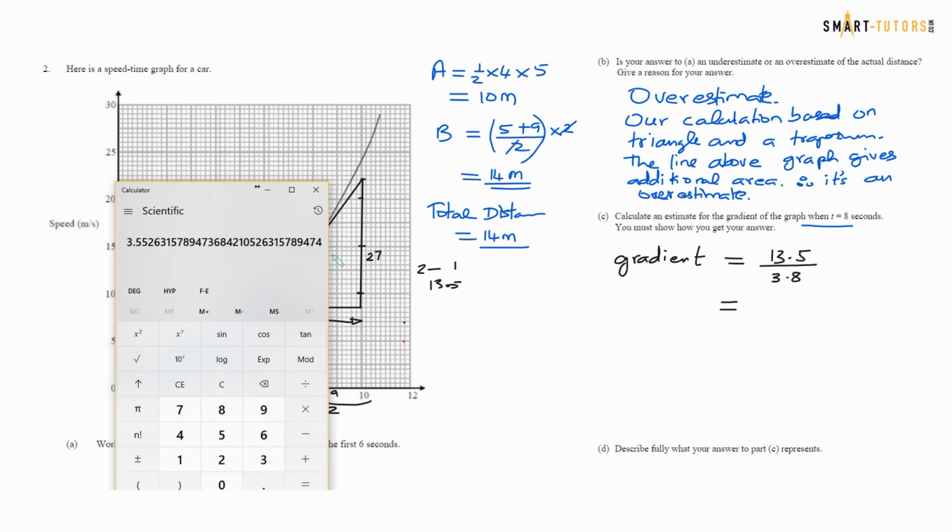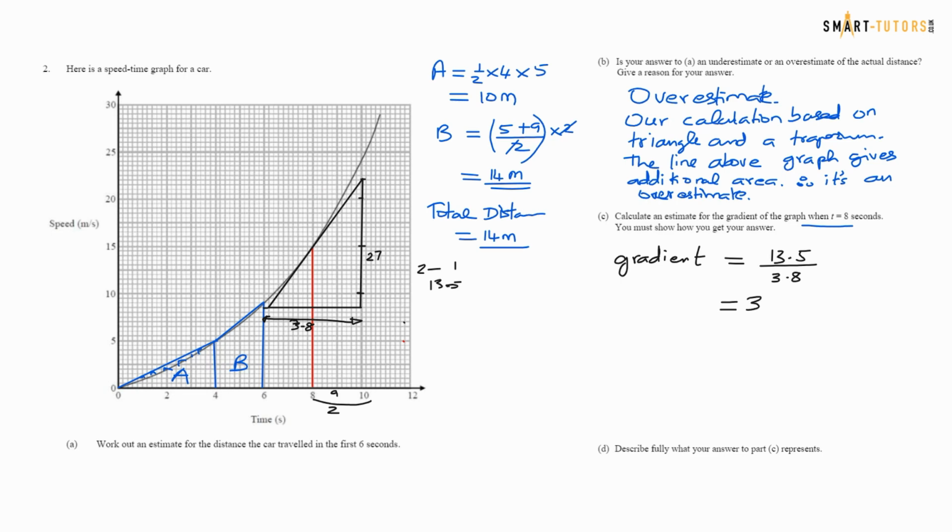So the answer is 3.55, and the unit for this one is meter per second divided by second, so meter per second squared. Right. So that is the answer for the question number C.